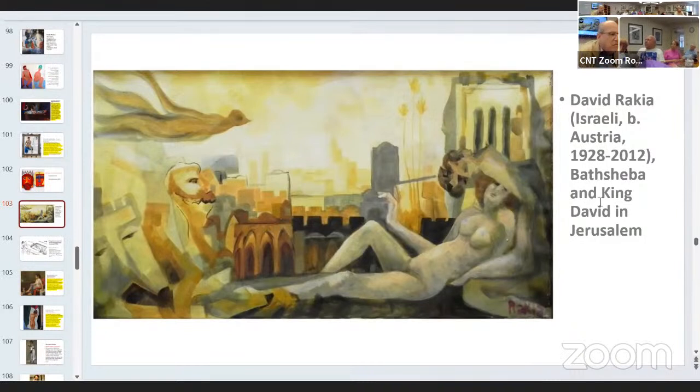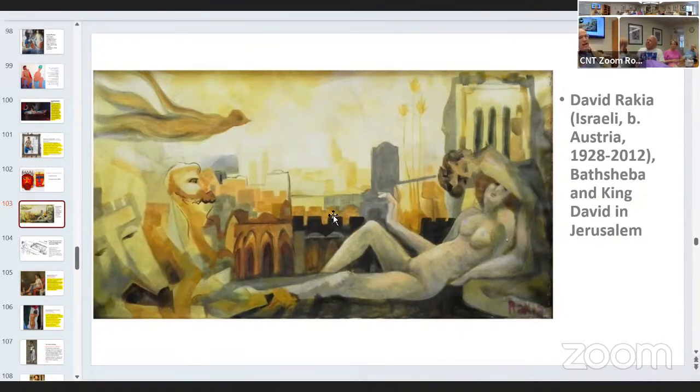Okay, here are a lot of motifs that we talked about with David and Bathsheba and the way he's lusting for her. Maybe this is David. Here's that bird again. Here's the destructive kingdom of David and all the ruins that happen from there on.